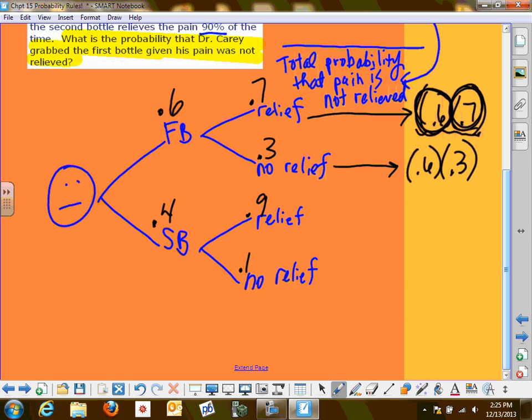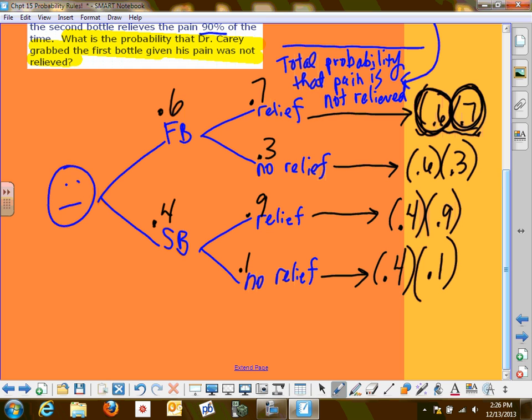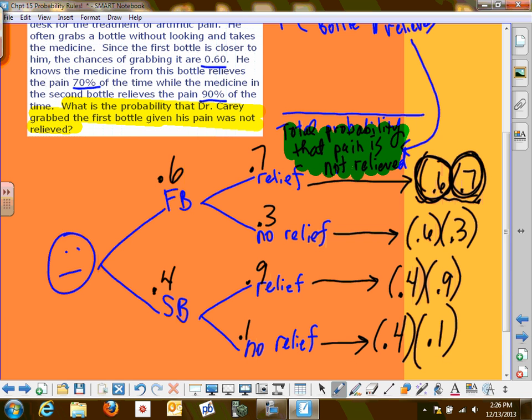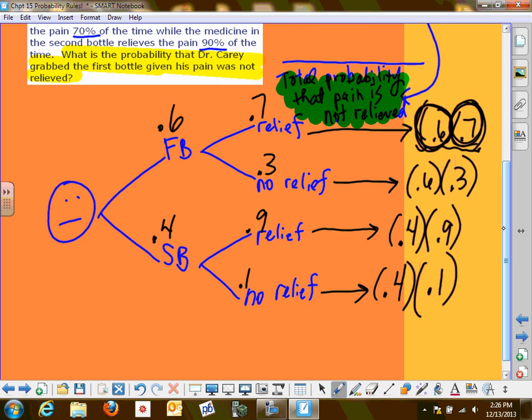Next, this would be the percent time that he picks the second bottle and has pain relief. And this would be the percent time that he picks the second bottle and has no pain relief. So if on my fraction up here, I want the total ways that his pain is not relieved, where are those values? Not the first and the last. Where are the ways his pain is not relieved?